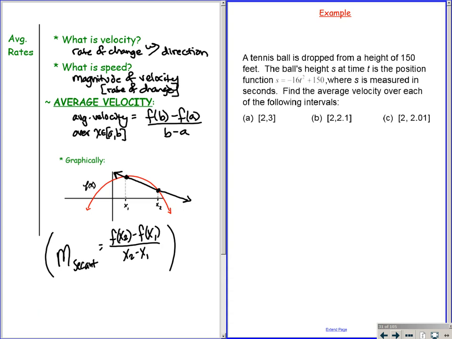Find average velocity, right? We can summarize that. We don't have to write that whole paragraph. Ball dropped, period. Initial height equals 150 feet. Height, s equals negative 16t squared plus 150. And we have t being, or sorry, s being measured in seconds.